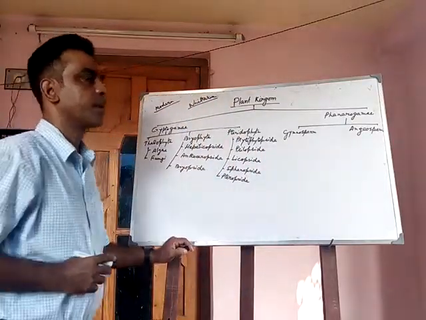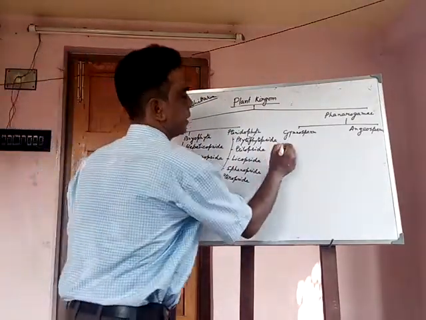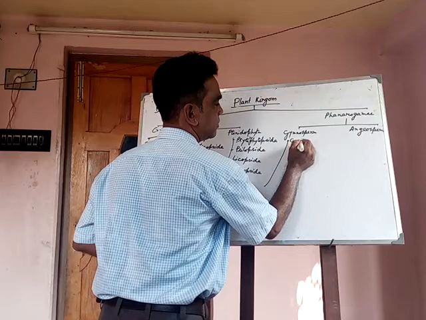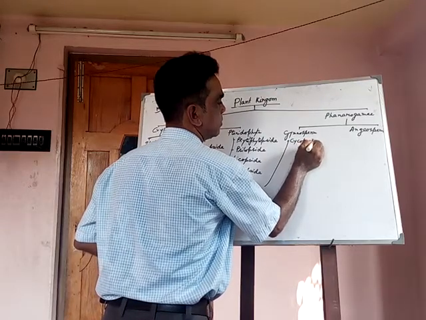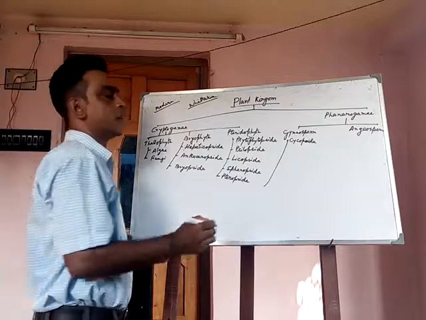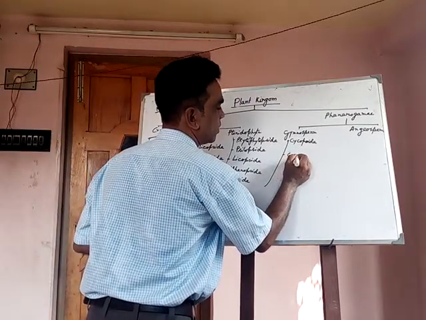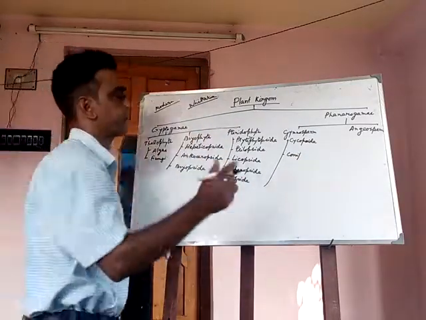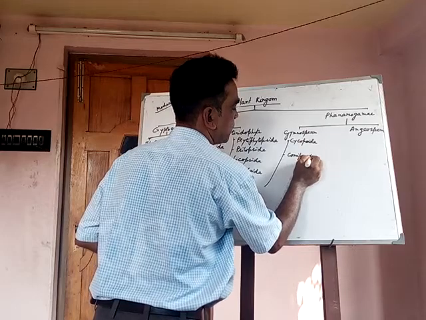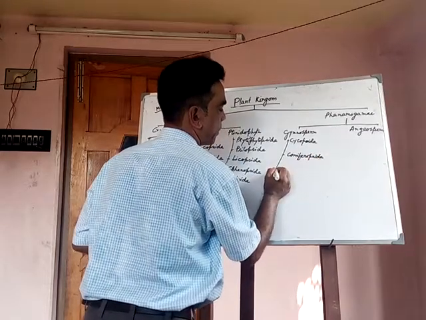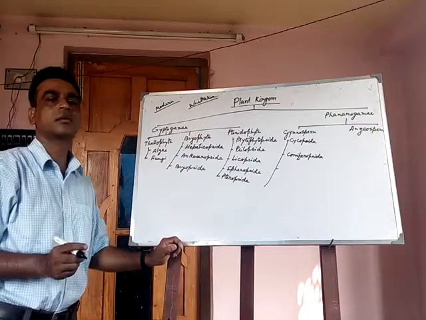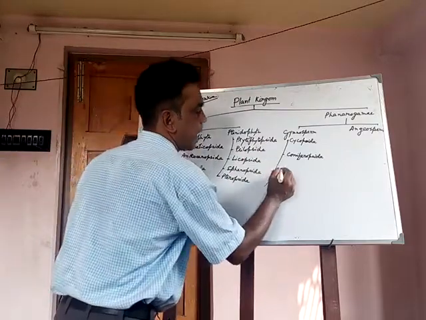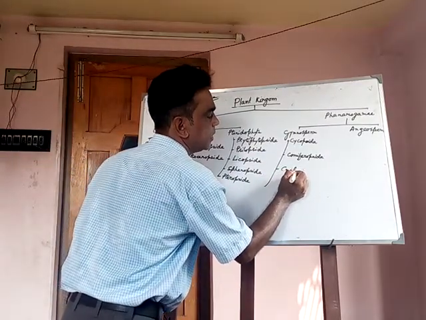Gymnosperm is further divided into Cycadopsida, that is Cycas, Coniferopsida, that is the coniferous type of plant bodies such as Pinus, and Gnetopsida.